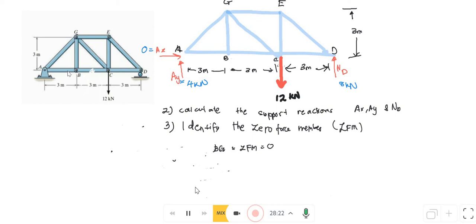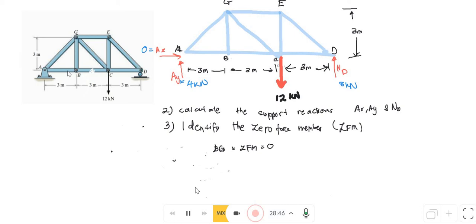Again, if you don't understand the zero force member, you have to check my zero force member video, so that it's very clear for you. G also does not accept this member. So BG is a zero force member.